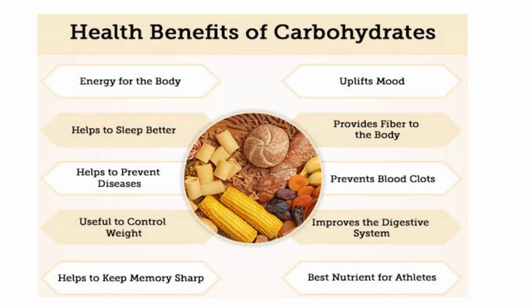If you are aiming to lose weight, you must control the intake of carbohydrates in your diet. It also helps to keep memory sharp, provides fiber to the body, prevents blood clots, improves the digestive system, and is among the best nutrients for athletes because it contains many nutrients. This is a really good source of energy for our body.